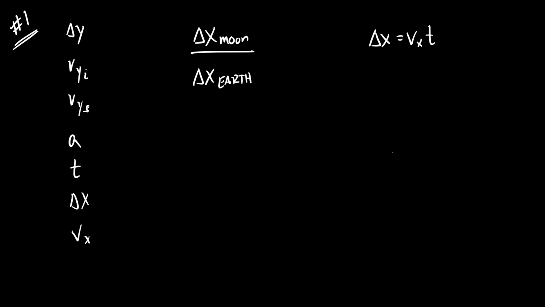So if I sub this in, I would get a comparison between the Earth and moon will be equal to Vx time on the moon with Vx time on the Earth.